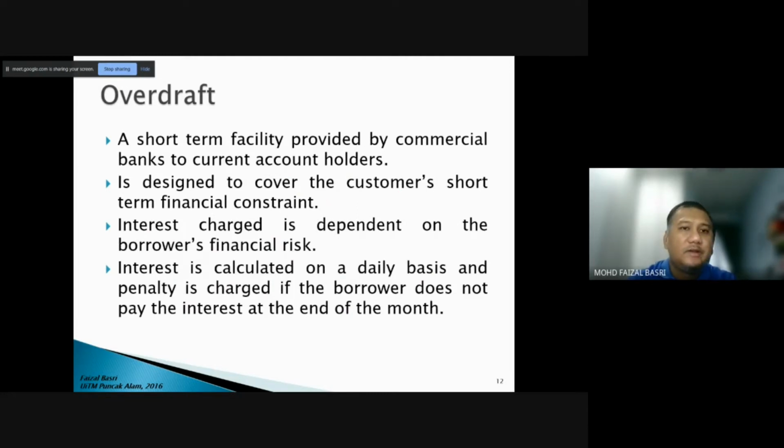OD, overdraft. This is usually part of your current account, whereby the bank will allow you to overdraw your current account. So if in your current account you have 10,000 ringgit, but you issue a check worth, let's say, 11,000. Your account has only 10,000, but you issue a check worth 11,000 to make payments.